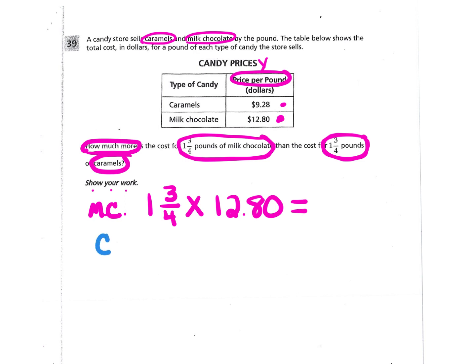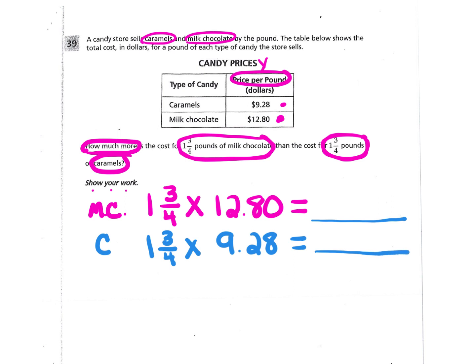For the caramels, we're going to take 1 3/4 pounds times $9.28. They should be cheaper. Take a moment, pause the video, and calculate the total cost of the milk chocolate and the total cost of the caramels. Then we'll subtract to find the difference.